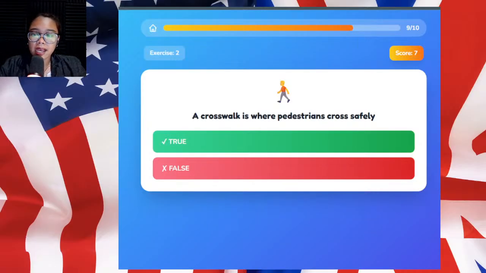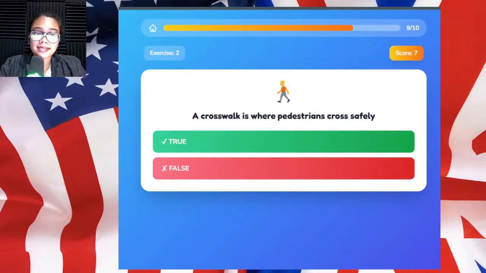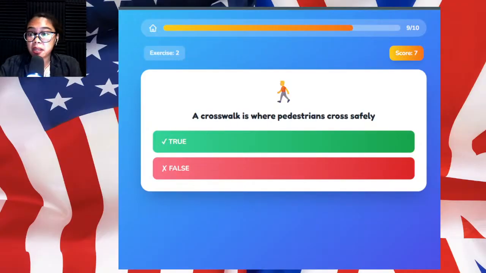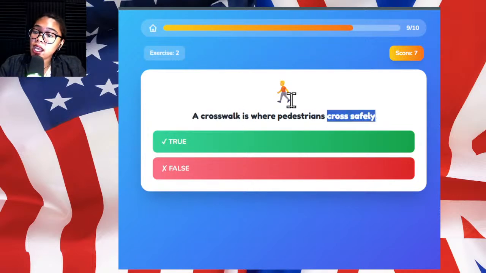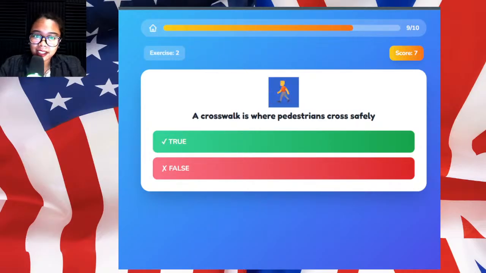Okay. Going back, a crosswalk is where pedestrians cross safely. I think you can answer it directly from the name itself, because crosswalk and then cross safely, and you can see the person here walking, right? It is crossing the street. So is it a true or false statement?